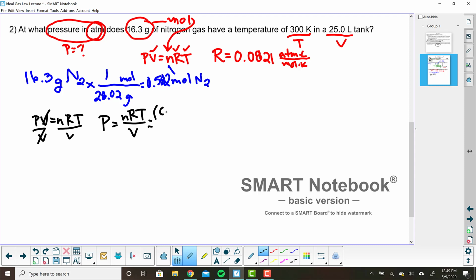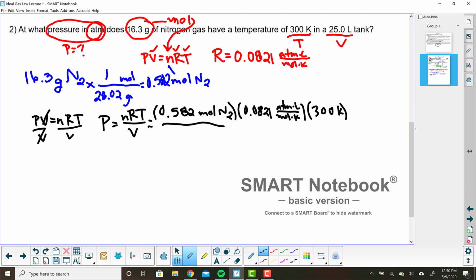We just calculated it, 0.582 moles of N2 times R, 0.0821 atmospheres times liters over moles times Kelvin, and then multiply that by the temperature, which is 300 Kelvin, and divide the whole thing by the volume, 25.0 liters.